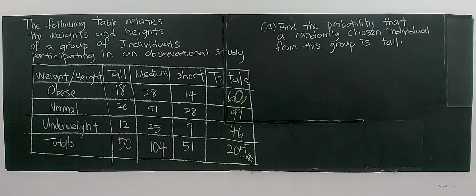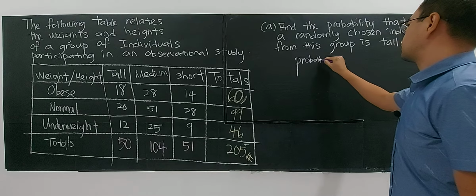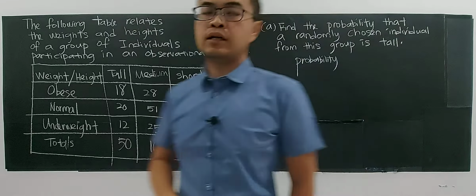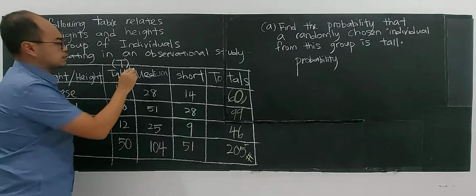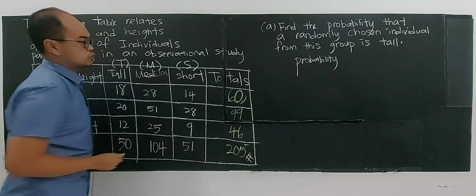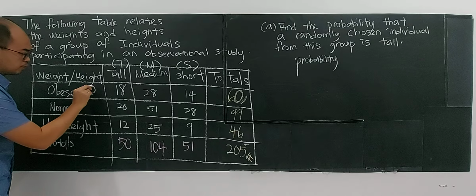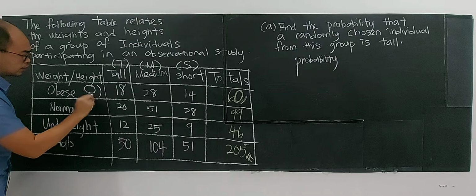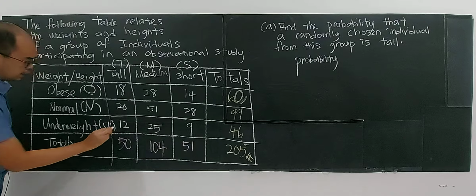So the probability for this case is that the person is tall. I usually give alphabets to represent tall, medium, short, and obese, normal, and underweight.